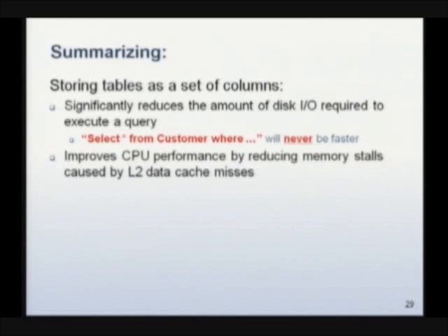And you can imagine things like the index tuning wizard becoming a column store wizard, to advise you on whether you'd be better off for your workload organizing the table as a row store or as a column store.